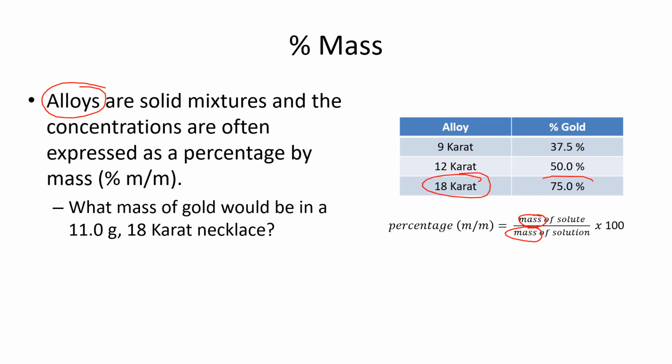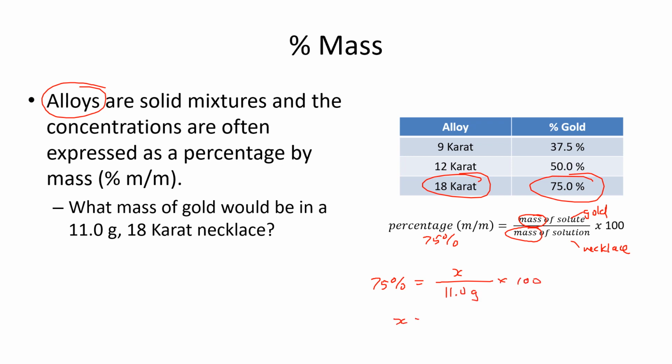So 18 karat is 75% gold, and we want to know how much gold is in there. So the solute there is the gold, although it is in the higher quantity. Anyways, so the bottom part here is the mixture, this necklace, and the percentage is 75%. Great. So we got 75% equals X amount of gold over 11 grams of necklace times 100.